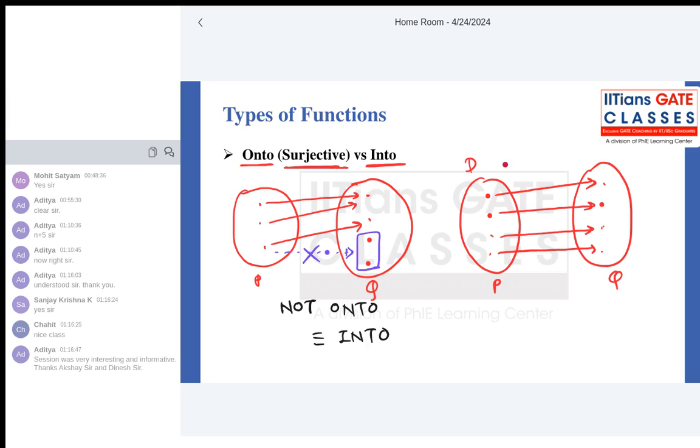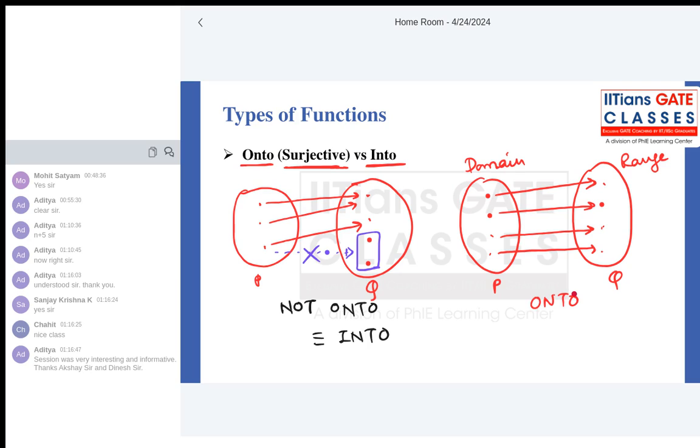So all the elements in your range, or y values, should have a certain image in x. And if this happens, this is your onto function.